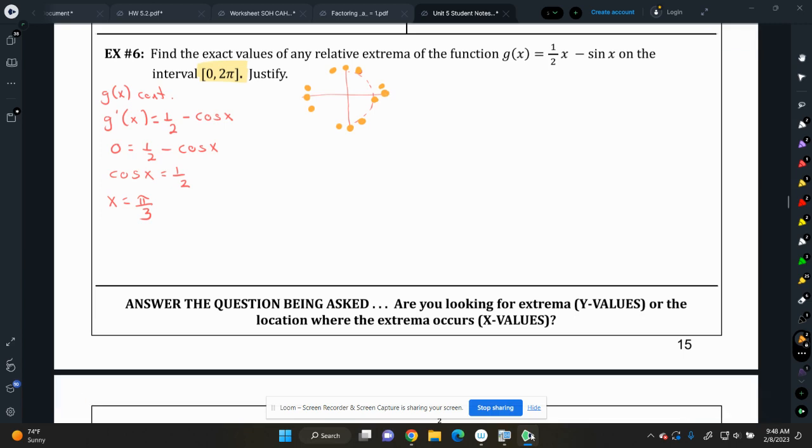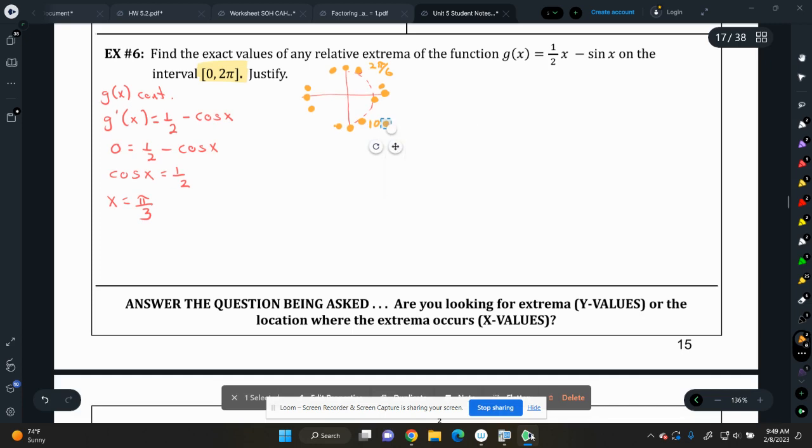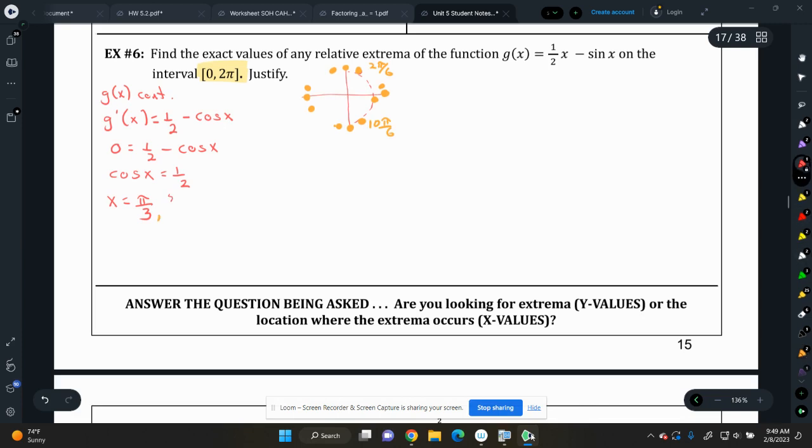So this was 2 pi over 6, which reduces to pi over 3. So you can reason through it. This one right here, here's 6 pi over 6, 7, 8, 9, 10 pi over 6, which reduces to 5 pi over 3.